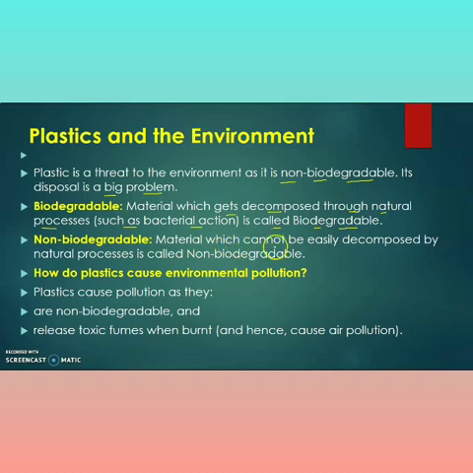Material which cannot be easily decomposed by natural processes is called non-biodegradable. How do plastics cause environmental pollution? Plastics cause pollution as they are non-biodegradable and release toxic fumes when burned. Hence, they cause air pollution.